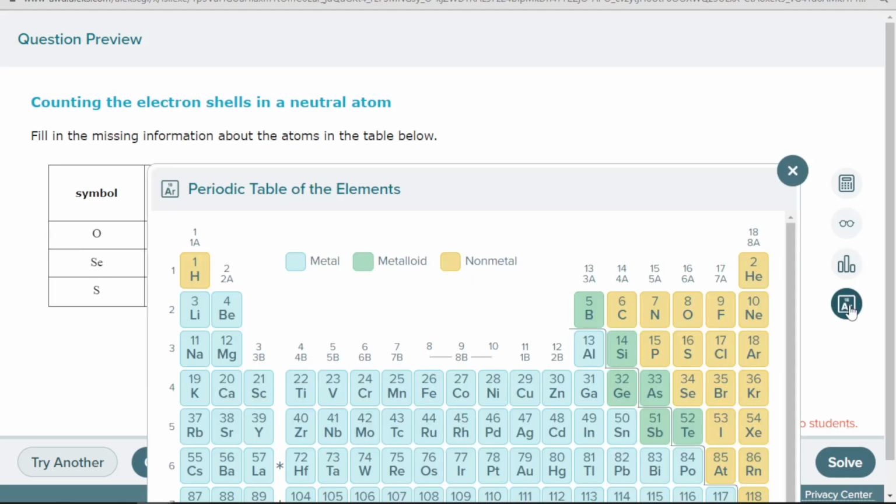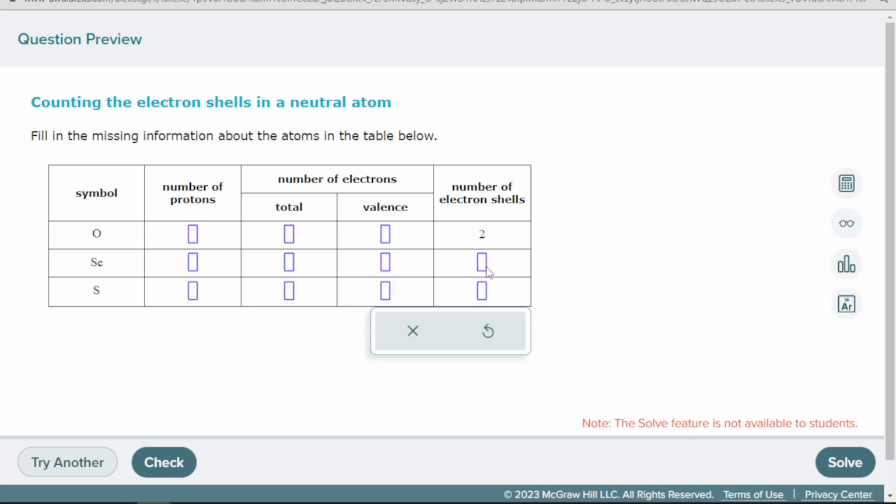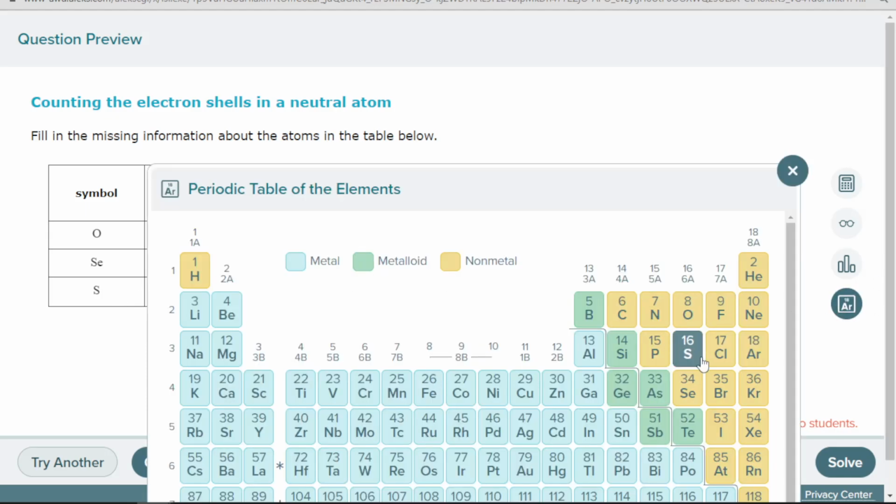Selenium is in the fourth, right? There's selenium, fourth period, so it has 4 energy shells or electron shells. Sulfur is in the third, so guess what? 3.